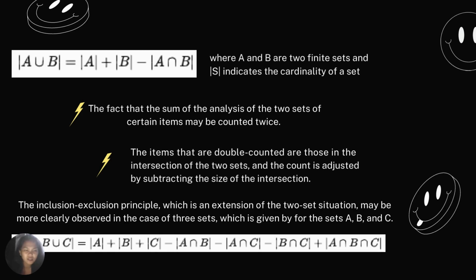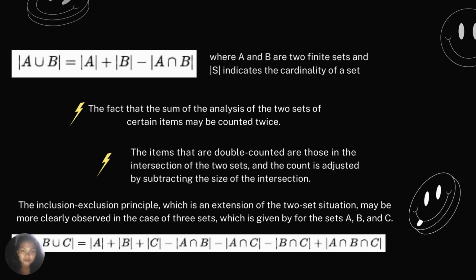The inclusion-exclusion principle is an extension of the two-set situation, and may be more clearly observed in the case of three sets, A, B, and C. Here there is a formula below.